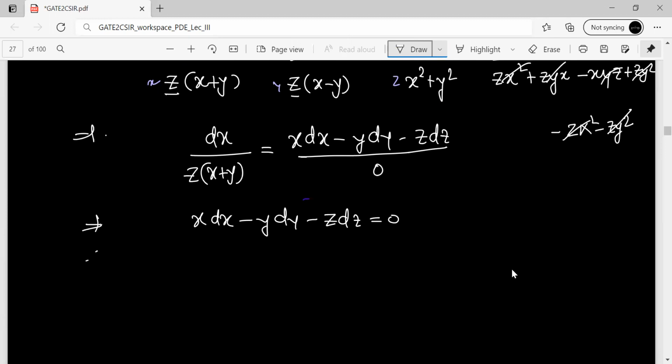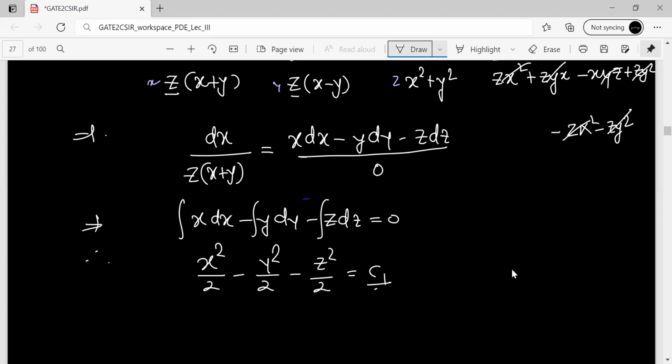And now simply integrate. So you get x square by 2 minus y square by 2 minus z square by 2 equal to c1. In fact, write down c1 by 2. So from here I'll be getting x square minus y square minus z square equal to c1.